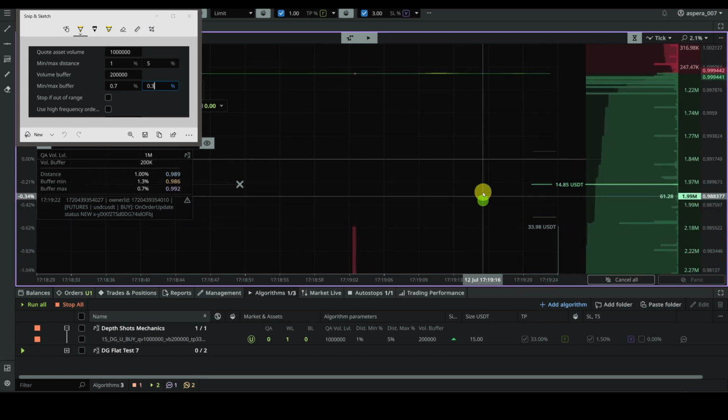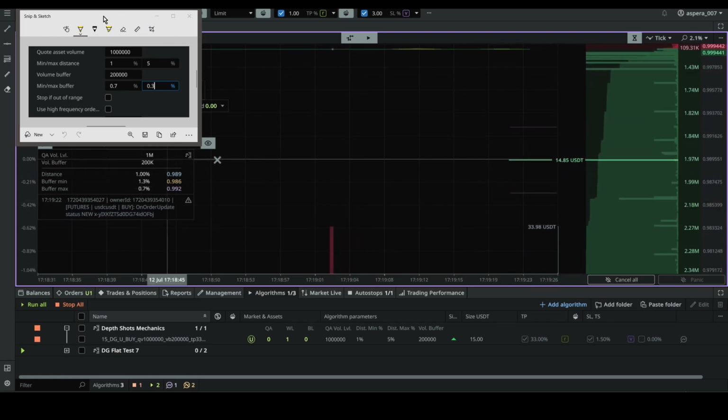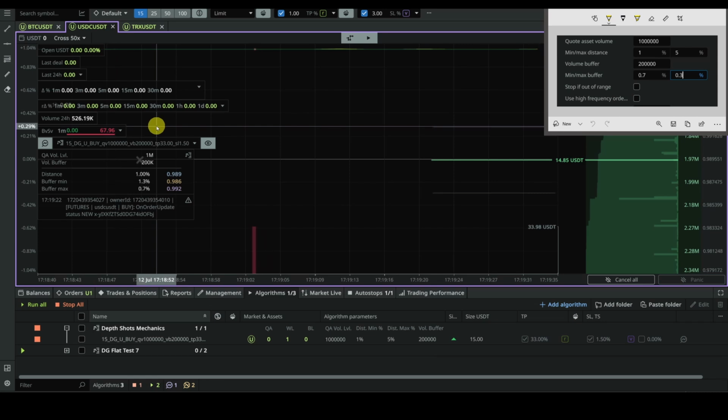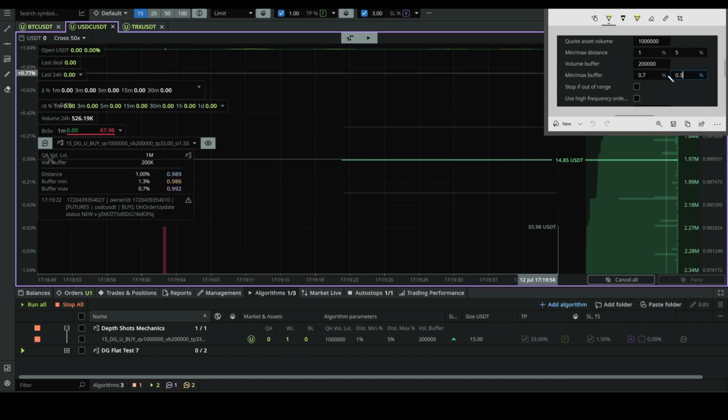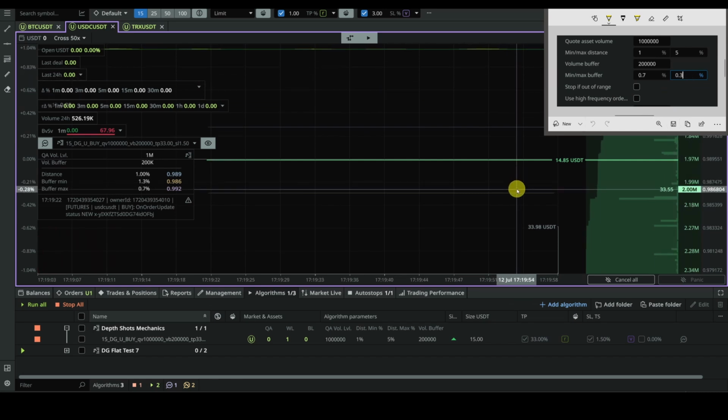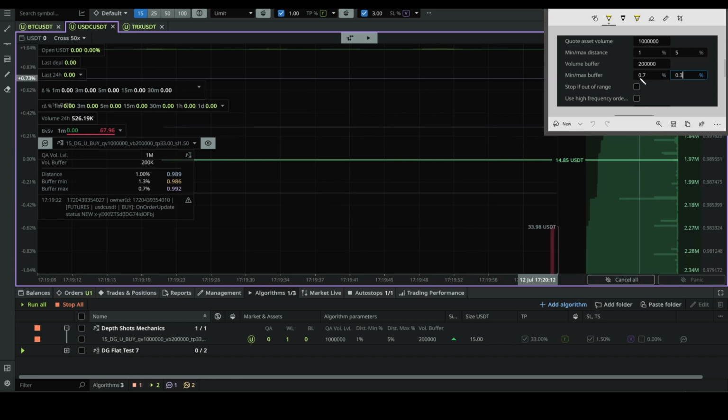Okay, here we are. This is our order, and this is at 0.3, and this is at 0.3. Interesting. So they are looking at this one, at the maximum buffer, which says that the buffer cannot be further away from the order than 0.3, and that's where it looks. It doesn't care about 0.7, and actually it does not even care about the volume buffer.